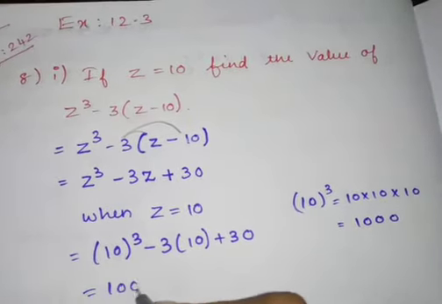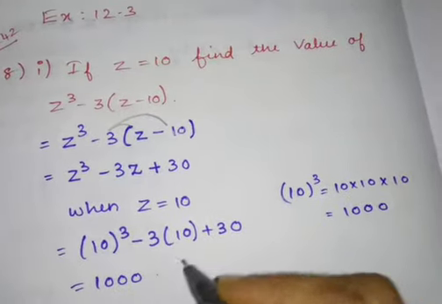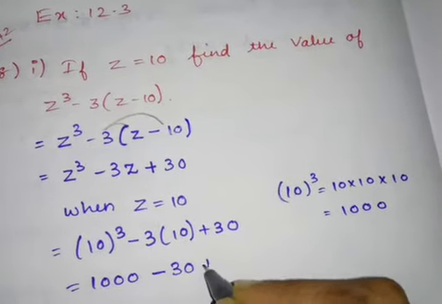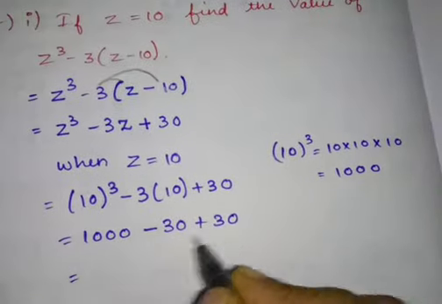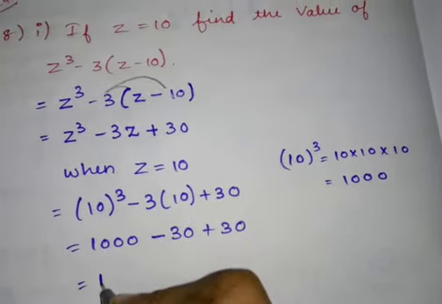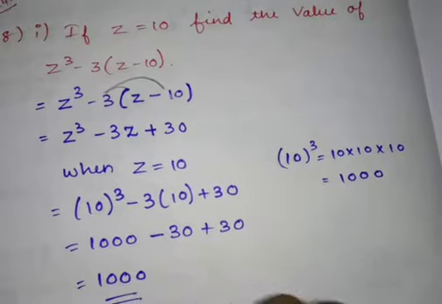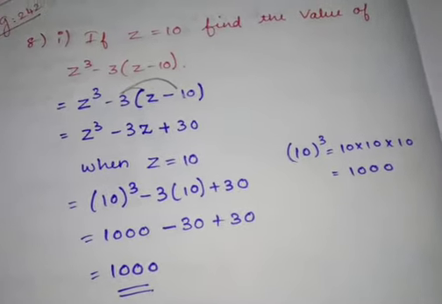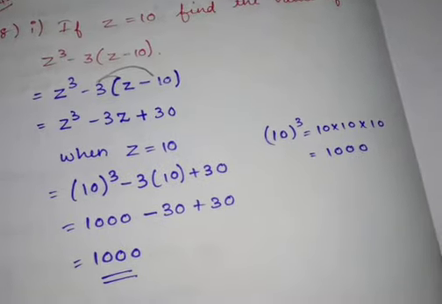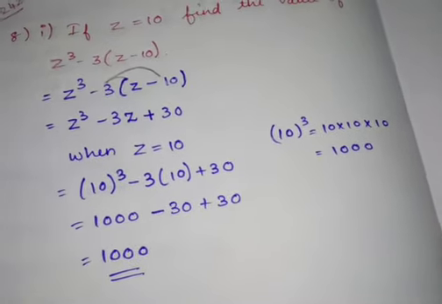So 1000 minus 30 plus 30, minus 30 plus 30 is 0, 0 plus 1000, 1000. So we get the value as 1000.